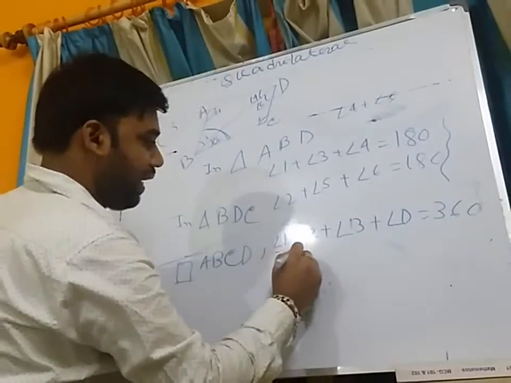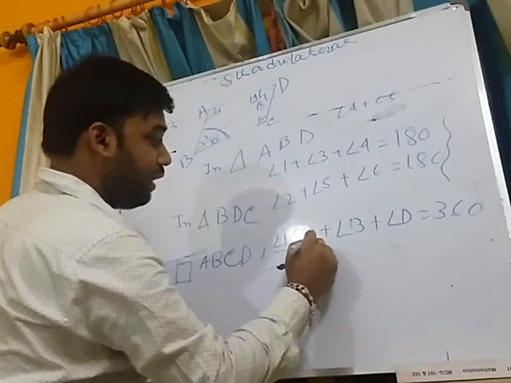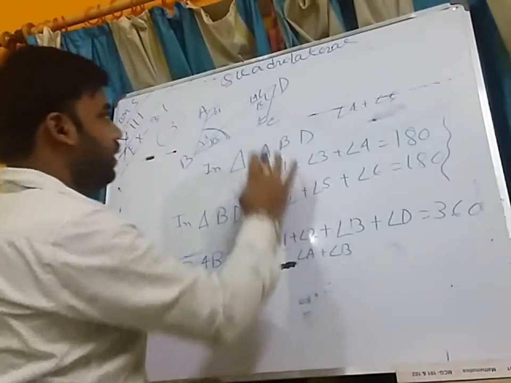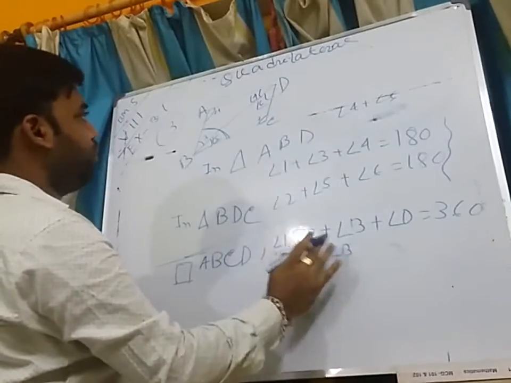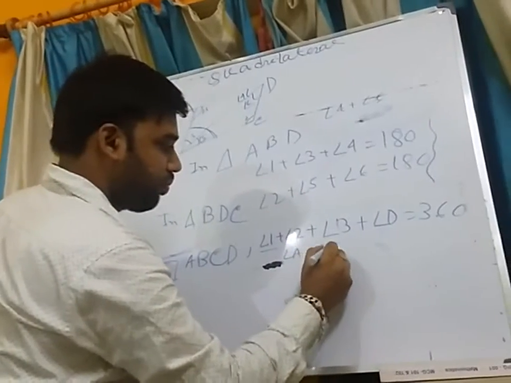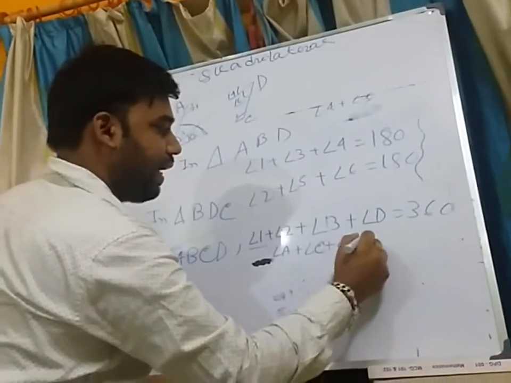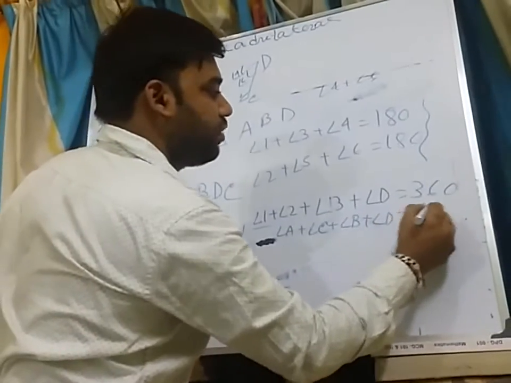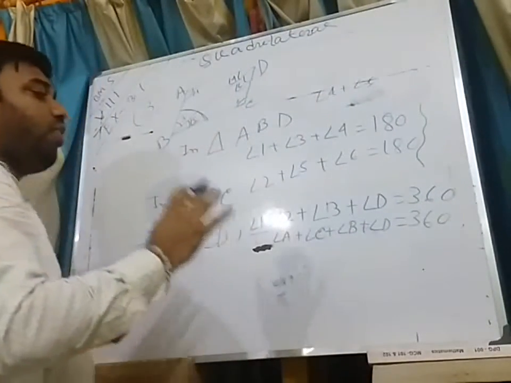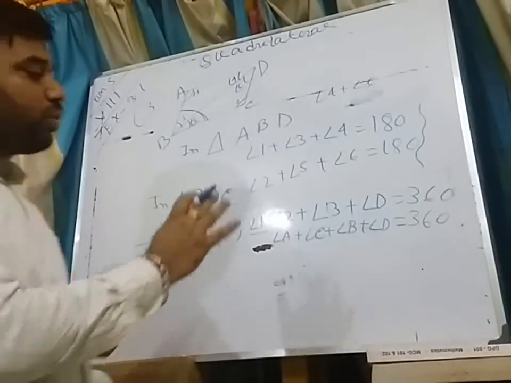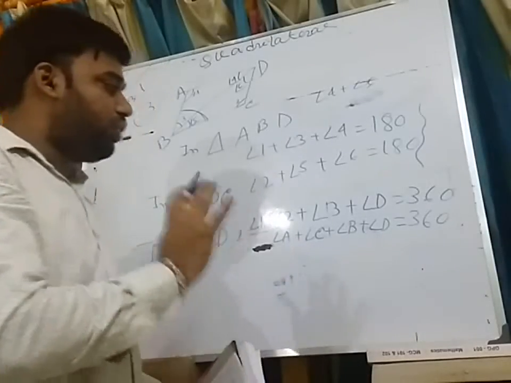Now angle 1 means angle A, angle 2 means angle C, so angle A plus angle B plus angle C plus angle D equals 360. So the sum of the angles of a quadrilateral is 360.